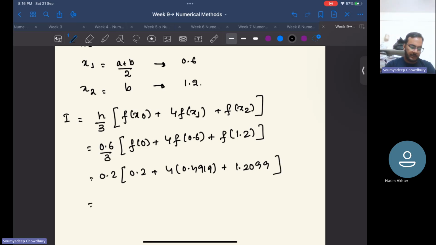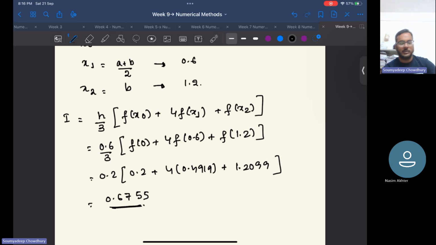If we sum this up, it comes to around 0.675.